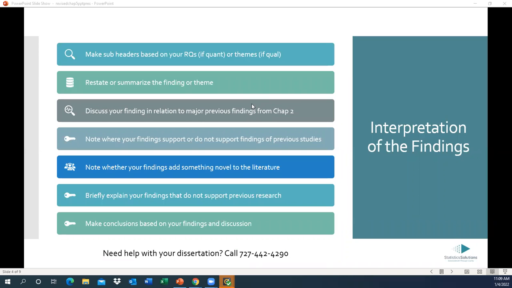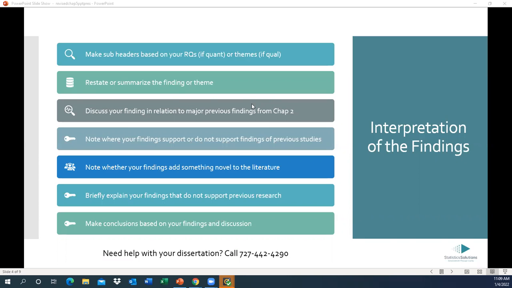So for research question 1 or theme 1, whether it's quant or qual, summarize it, bring in research from chapter 2 on what you found, noting whether your findings support previous research or they don't, and set up a discussion that way.